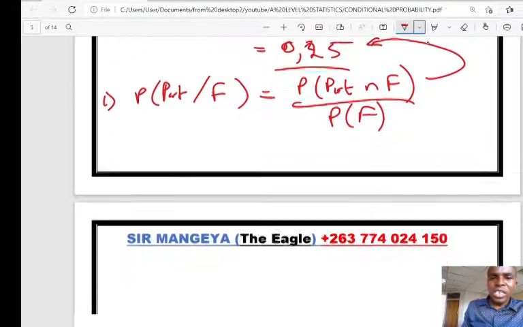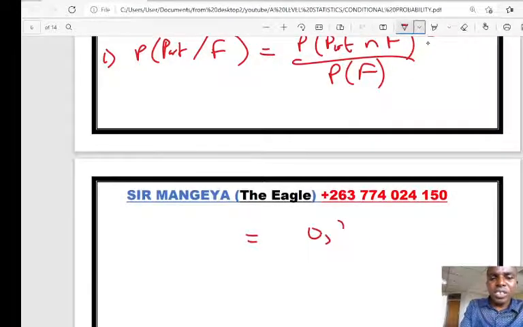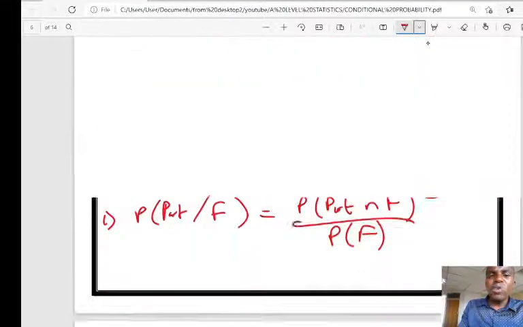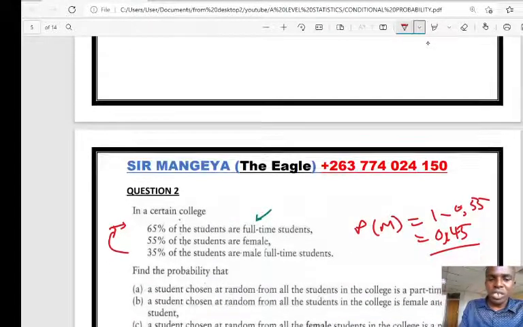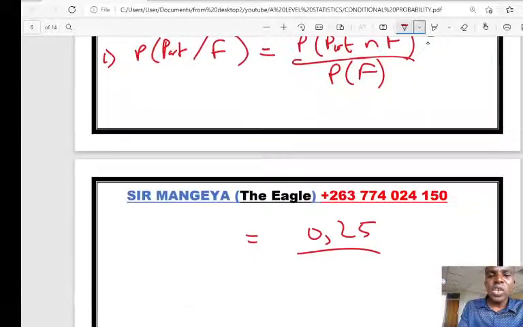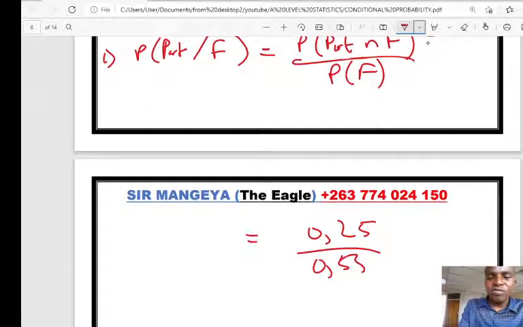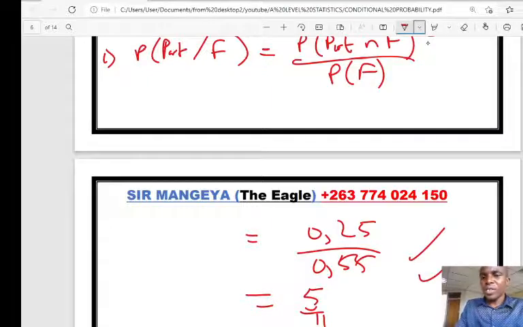So it will be 0.25 over the probability of females. 55% are females, so it will be over 55% or 0.55. In this case, 0.25 divided by 0.55, you get 5/11. Then we can say done.